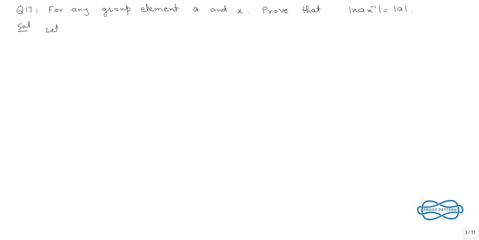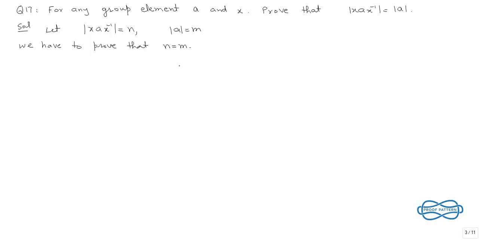Let the order of x a x inverse be n and the order of a be m. Now we have to prove that n is equal to m.